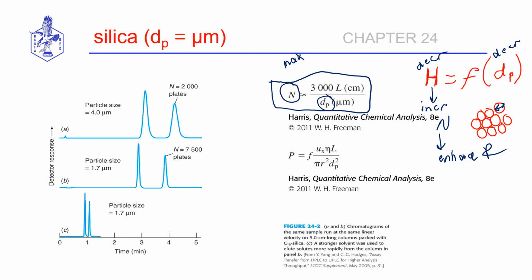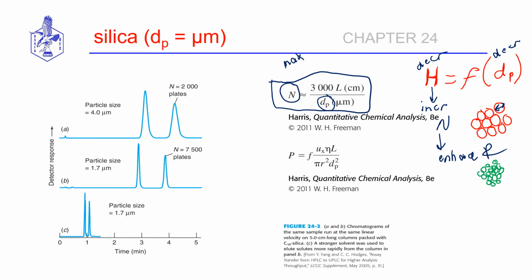The most standard size is either 10 or 5 microns. The trouble with reducing the diameter of the particles is that the smaller they get, the tighter they pack into the column, and there's less void volume between the particles. With less void volume between the particles, that's going to require a higher pressure to get the mobile phase to flow over the packed bed.